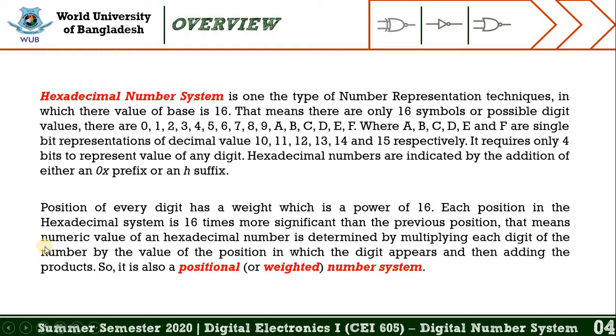That means the numeric value of a hexadecimal number is determined by multiplying each digit of the number by the value of the position in which the digit appears and then adding the products. So it is also a positional, or you can say weighted, number system like the octal one. So let's move into the next slide.